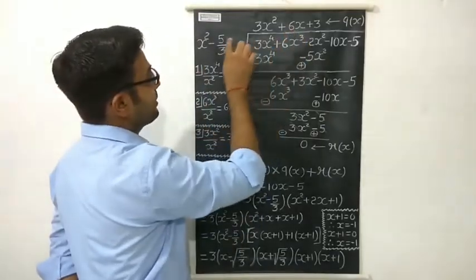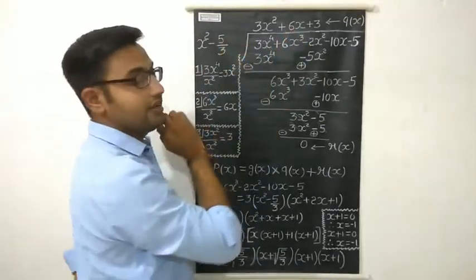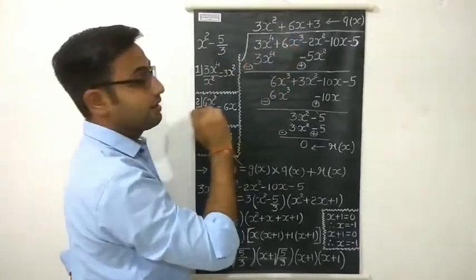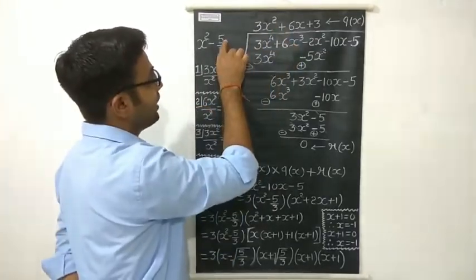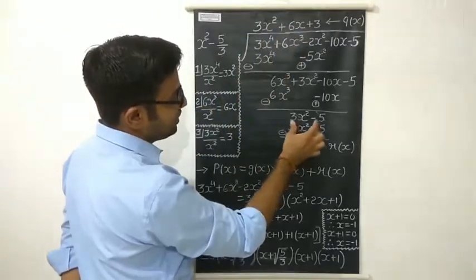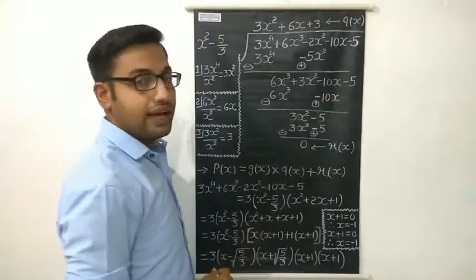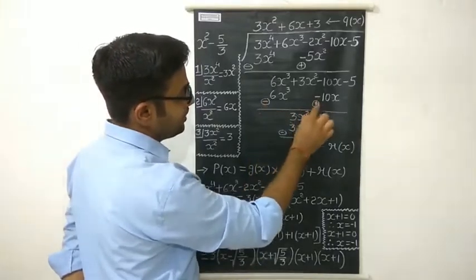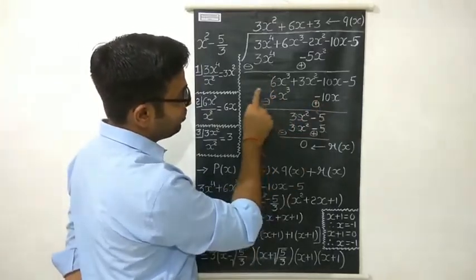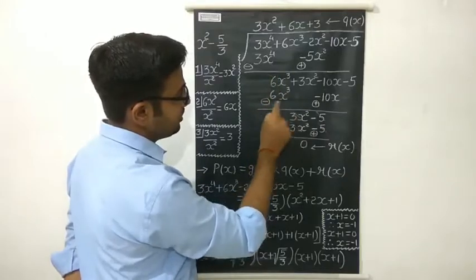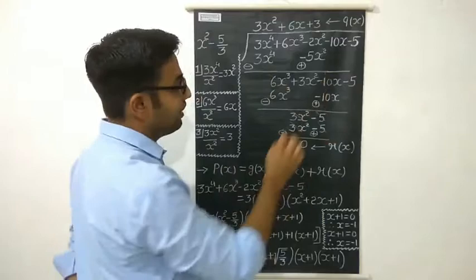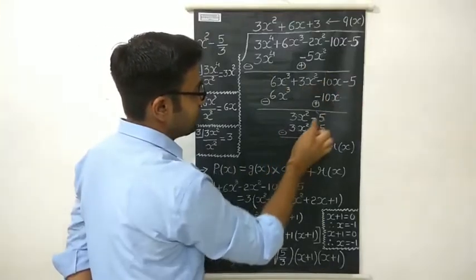Again this 6 is in multiplication with 5 and this 3 is in the denominator, so 3 twos are 6, we can cut it, and in the numerator we get 5 into 2x, which gives us 10x. By changing the sign, this will be minus and this plus. So these two cancel out each other and these two also cancel out each other. What remains is 3x^2 minus 5.